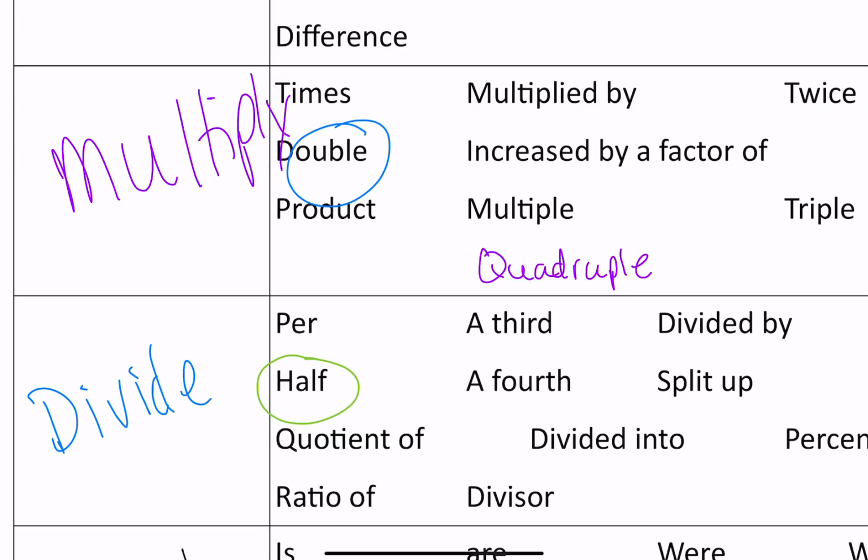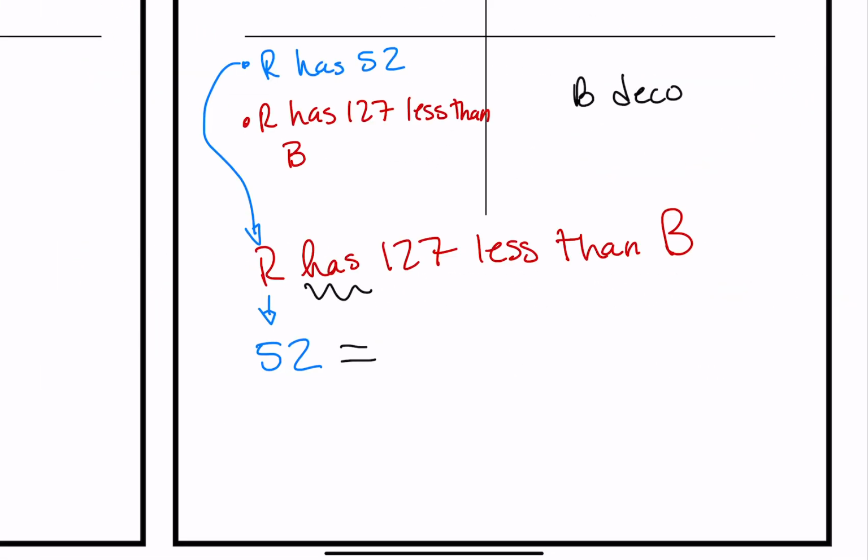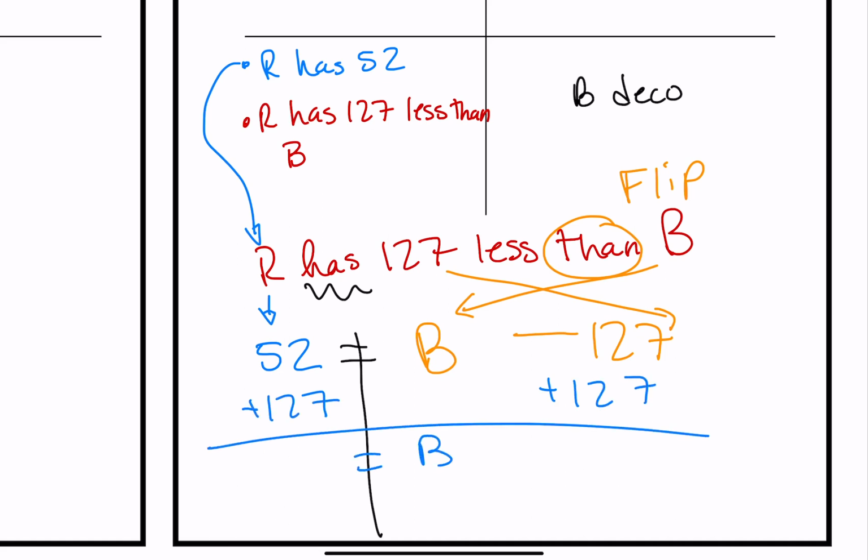First things first, less than is subtraction, but it's got that than, so I'm going to subtract, but I'm going to flip my guys here because this is my flip word. So I got B minus 127. And now I can solve because my equation is done. And to solve, I add 127 on both sides, which gives us B equals 179.